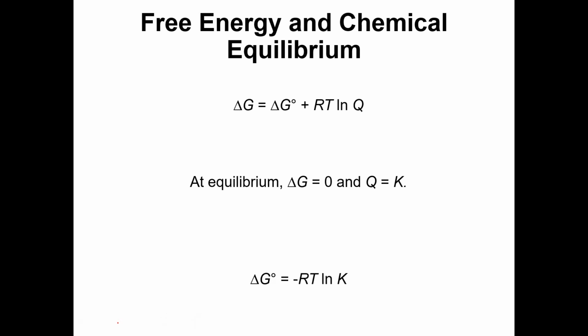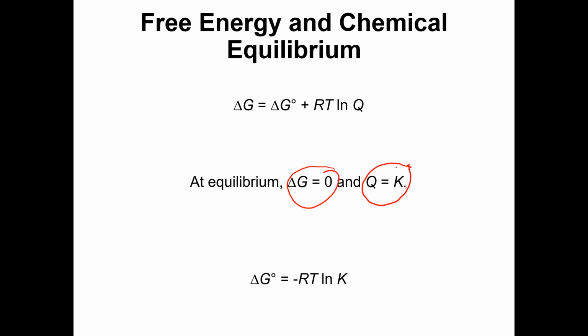So, we can calculate delta G if we know delta G standard state. But what about if we're at equilibrium? Well, if we're at equilibrium, then delta G would be equal to 0, and Q would be equal to K. So remember, K is our equilibrium constant when we're at equilibrium. Q is the value we can use when we're not at equilibrium.